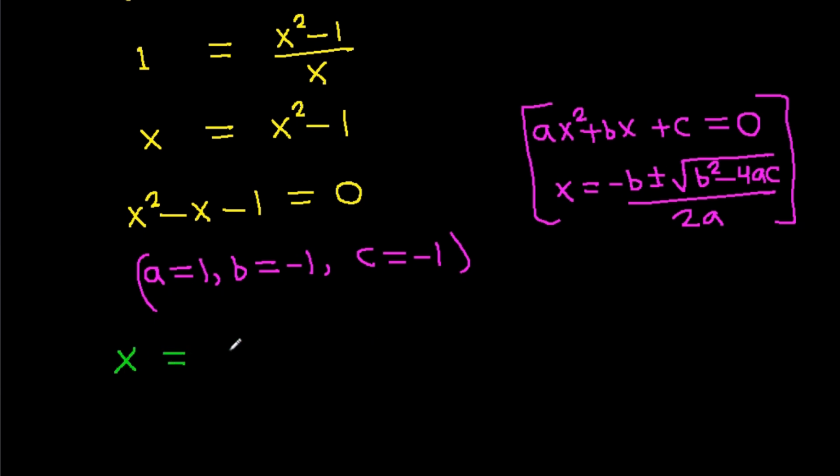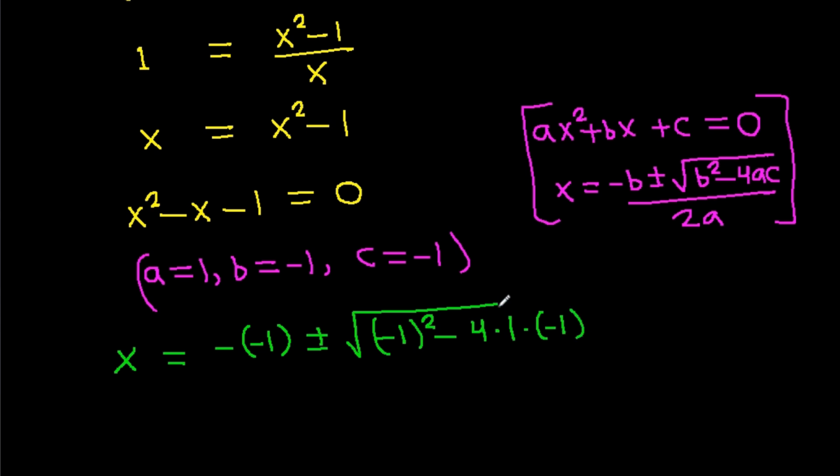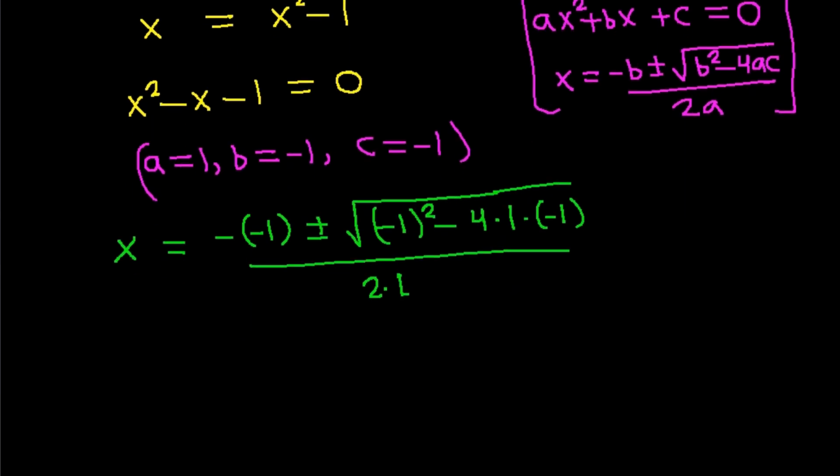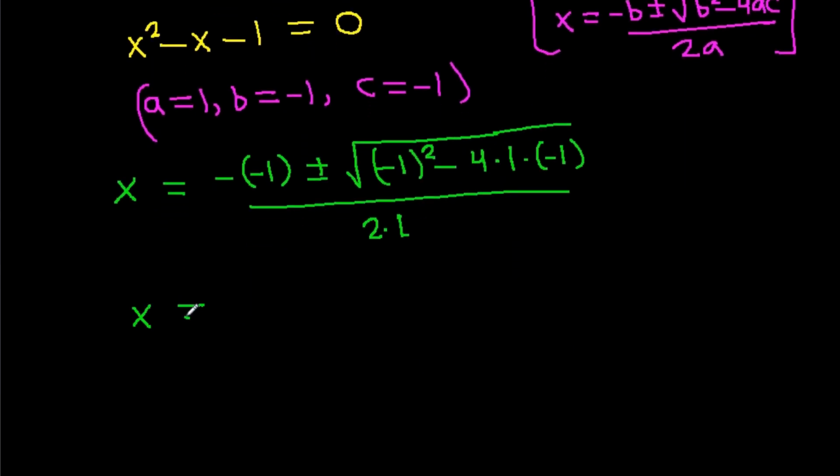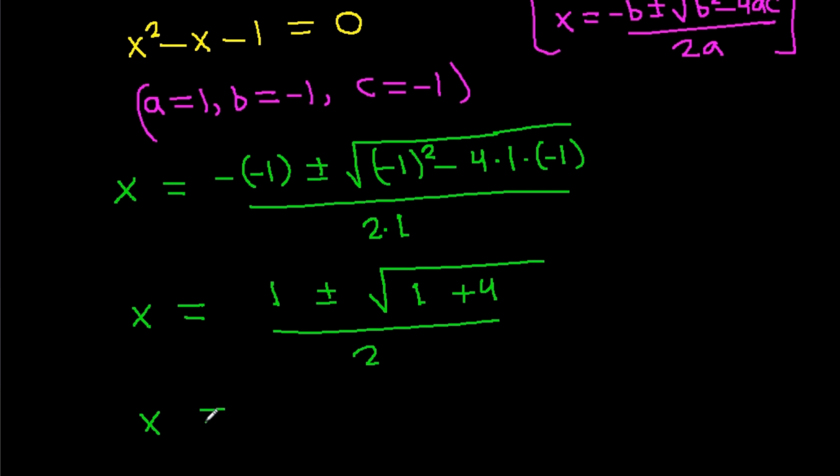So x will be minus of minus 1 plus minus square root of (minus 1) square minus 4 times 1 times minus 1, by 2 times 1, and x is equal to 1 plus minus square root of 1 plus 4 by 2, and x is equal to 1 plus minus square root of 5 by 2.